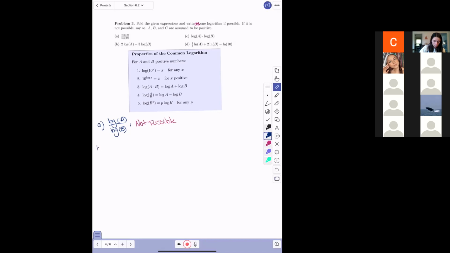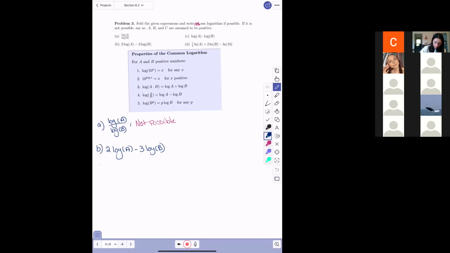Problem B. We have 2 times log of A minus 3 log of B. Does this look like anything on this side of our properties? Yes. Which one? It could be multiple, but what's one that stands out? 5. 5, good. Let's do 5 first. So we're working pretty much exactly backwards as before.